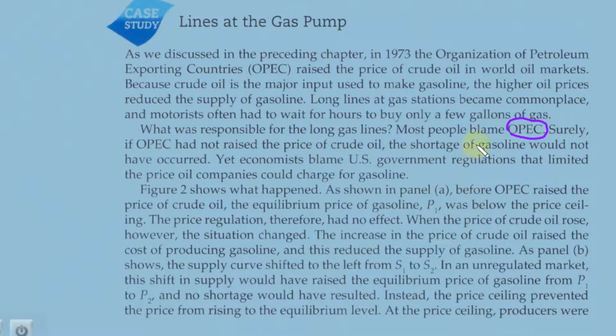This is the same situation as we studied in the previous chapter regarding the ice cream cone case study, right? Before the government imposed the price ceiling, the equilibrium market price was below the selling price.